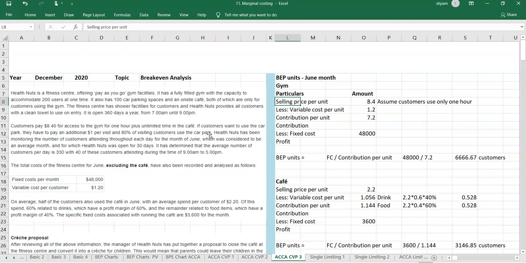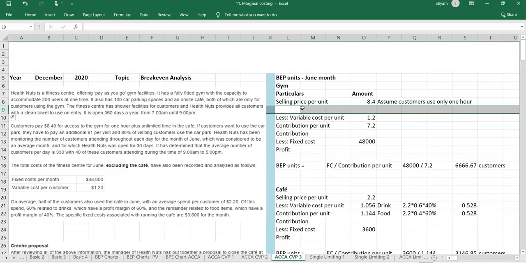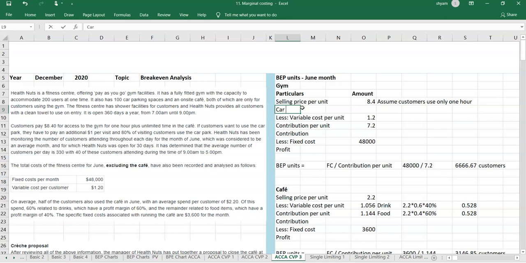So this also seems to be revenue for the gym, so we can take that as revenue. So car parking is also an income.